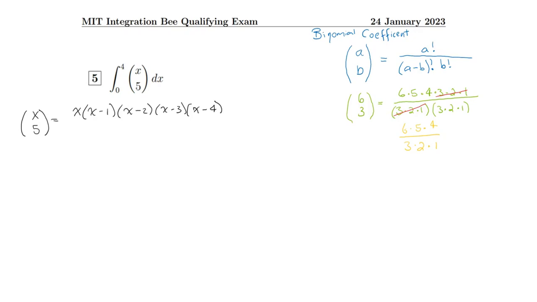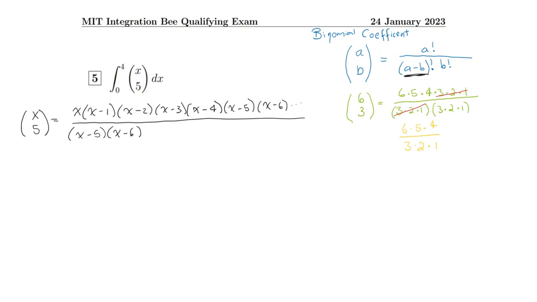The answer will come once we do the denominator, but I will write just a couple more terms to make this make sense. Now when we go to do the denominator, if we look at our formula, that would be a minus b factorial. Here a minus b is x minus 5, so we would have x minus 5, and then x minus 6, and on and on.